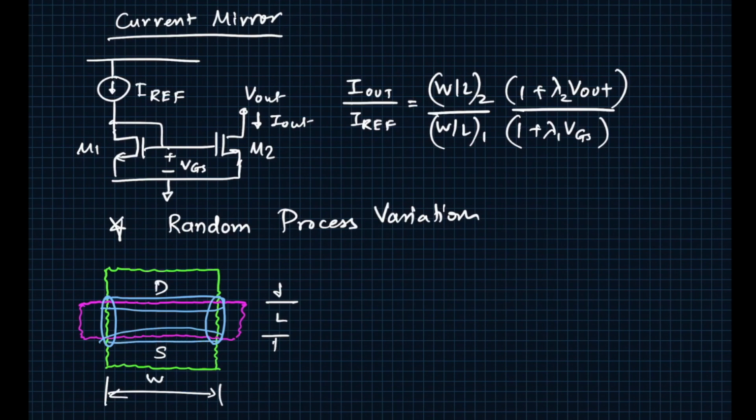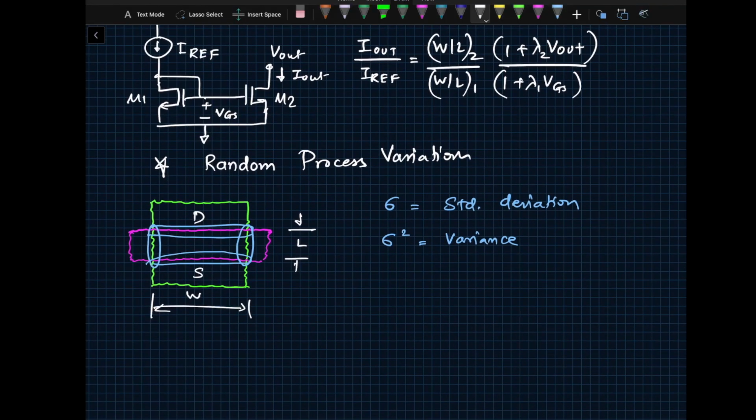The thing is, because of lithography, there is noise on these edges due to random variation, due to the wavelength of the light being used. I'm going to borrow some statistics concepts. I'm not going to dive deep into it, but I'm assuming you know the basics. Sigma is the standard deviation, and sigma squared is the variance. In this case, the current I is proportional to W by L, and each of W and L has some variation.